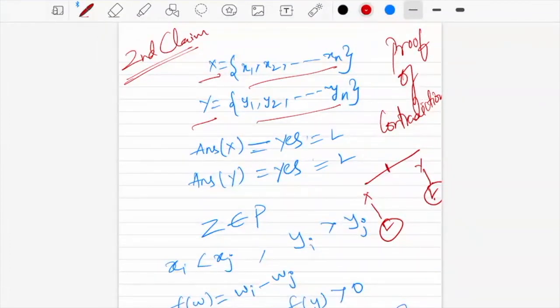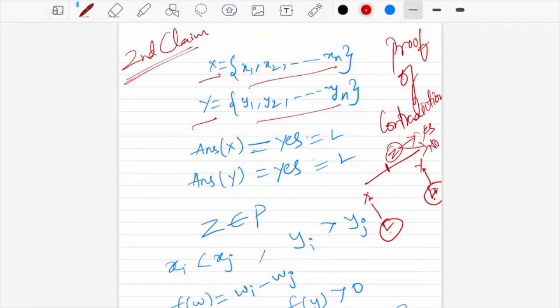So as per proof of contradiction, I am considering X and Y are reaching the same leaf node. In this case, if point Z gets a yes leaf, then X and Y are reaching the same node. If it is no, then they are reaching different leaf nodes.